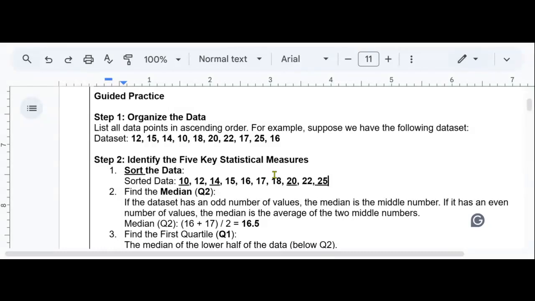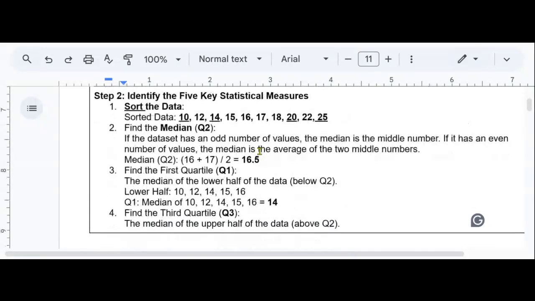Now I need to find how to get the outlier. Okay, let's see how can I get the outlier.